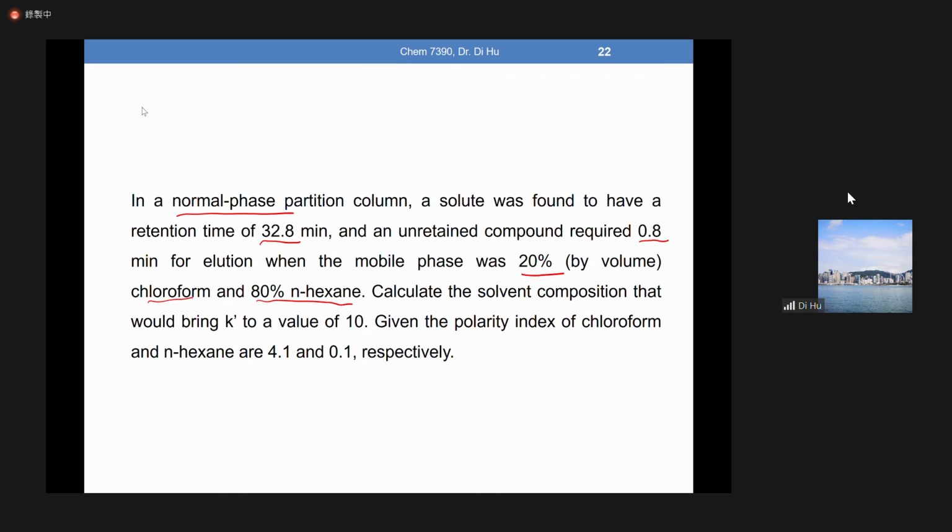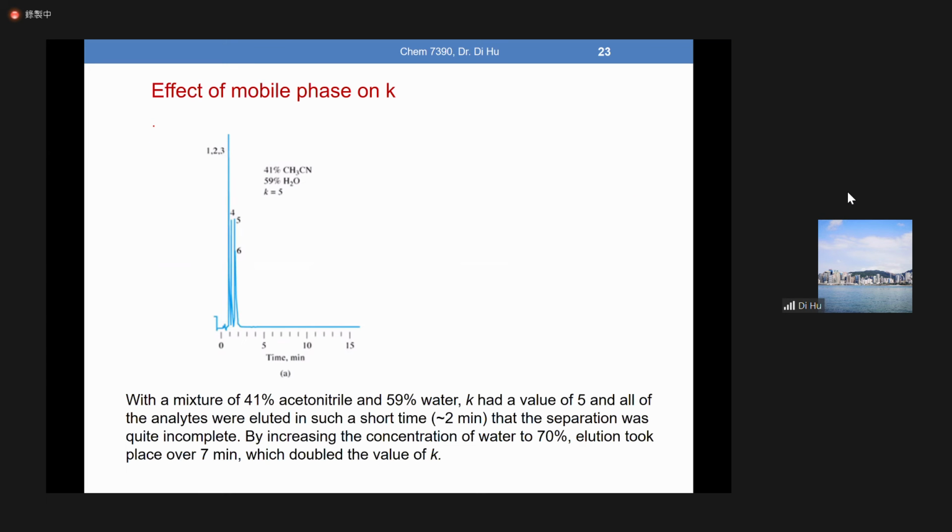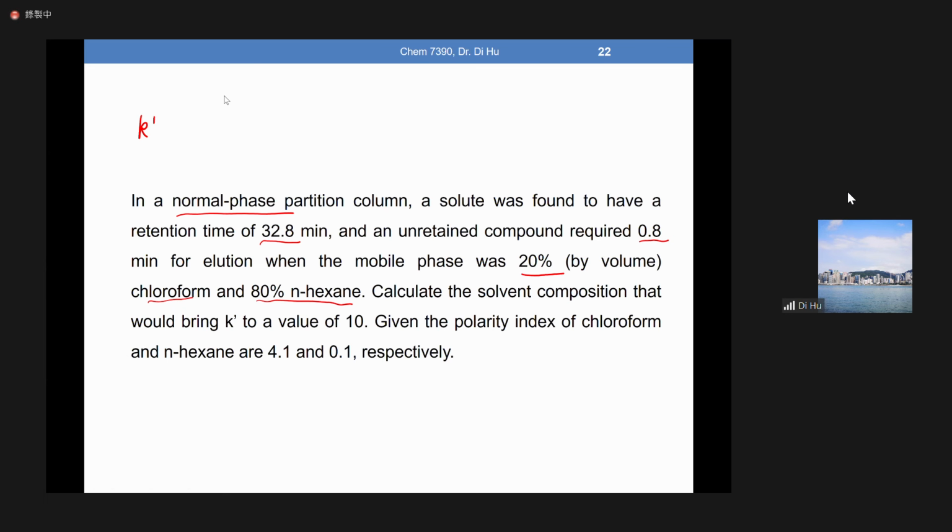First, we always need to calculate K, right? Can anyone tell me the K value first?